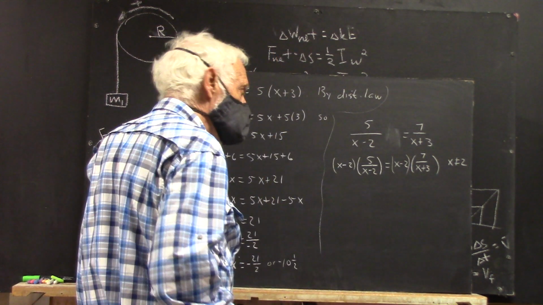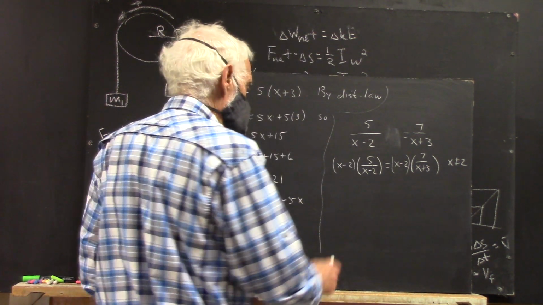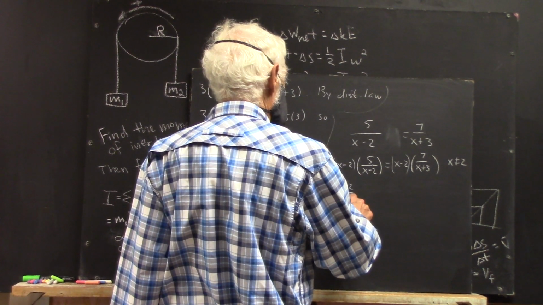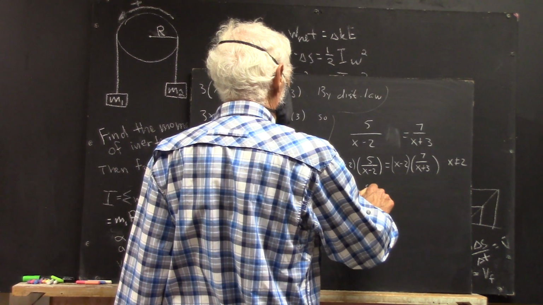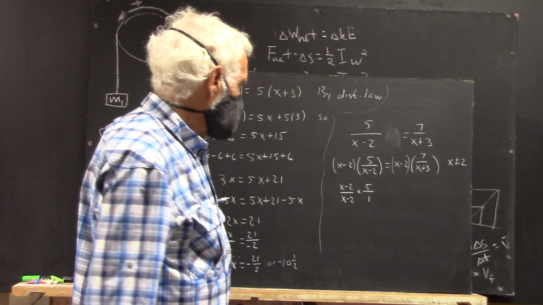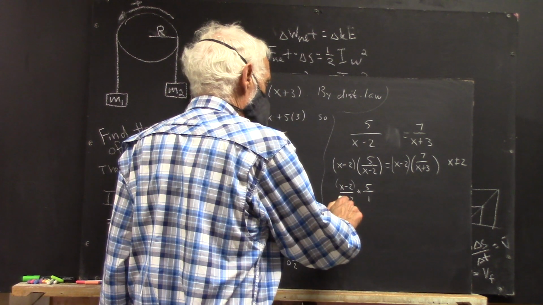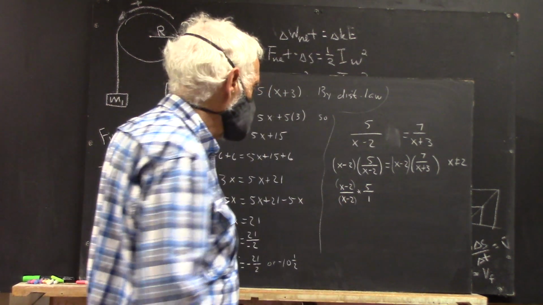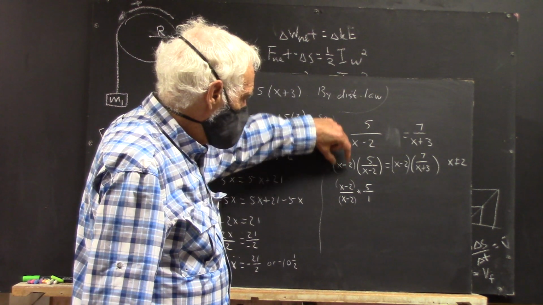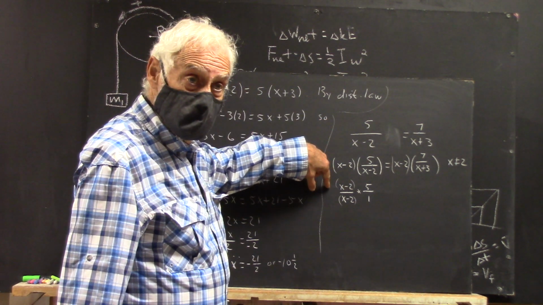So, now I can rearrange this. Let me go through the gory details. That's x minus 2 over x minus 2 times 5 over 1. Because, of course, I'll put parentheses, we don't really need them there, but I'll put them there. The numerator is going to be 5 times x minus 2 either way, right?